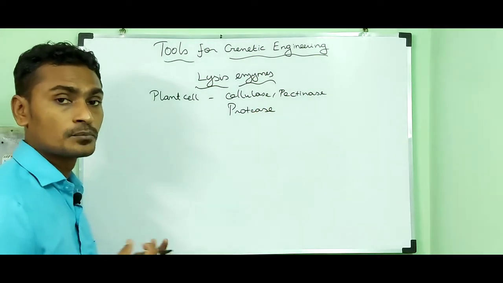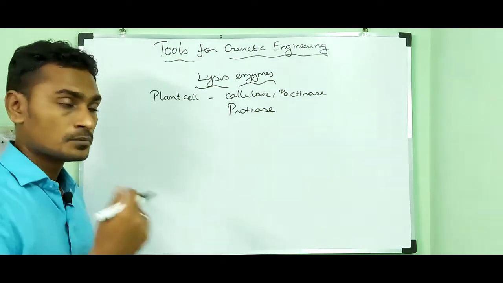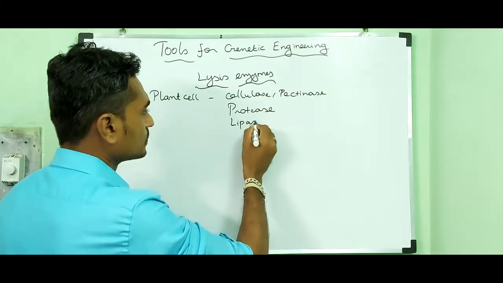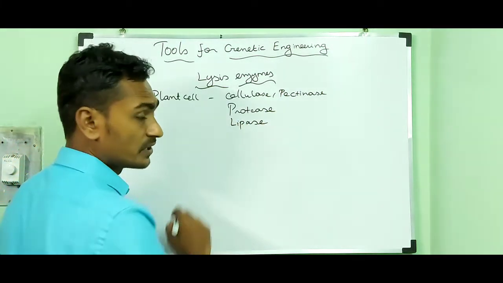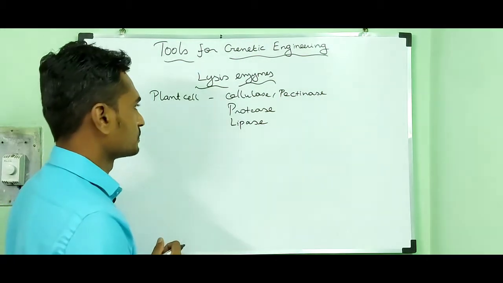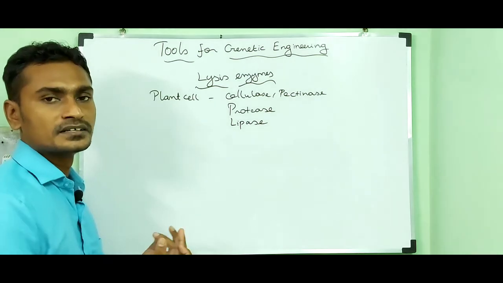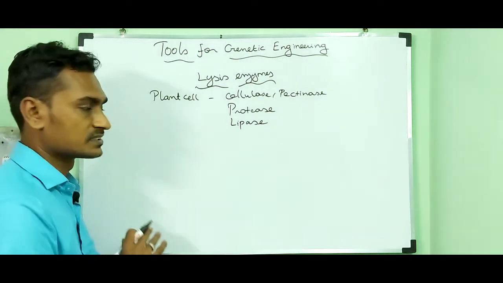And it contains phosphate, so we have to use lipase to digest the phosphate. After that digestion, we can isolate the DNA from that cell.